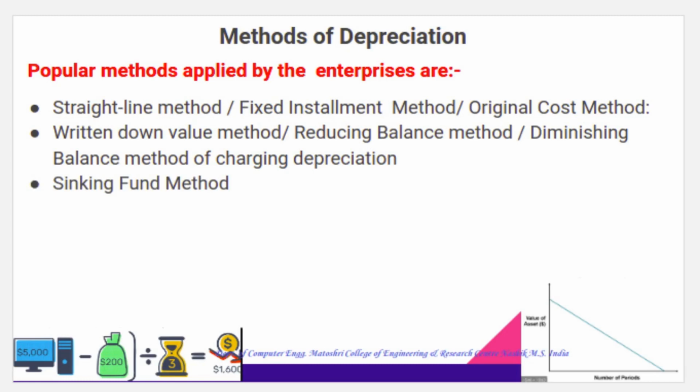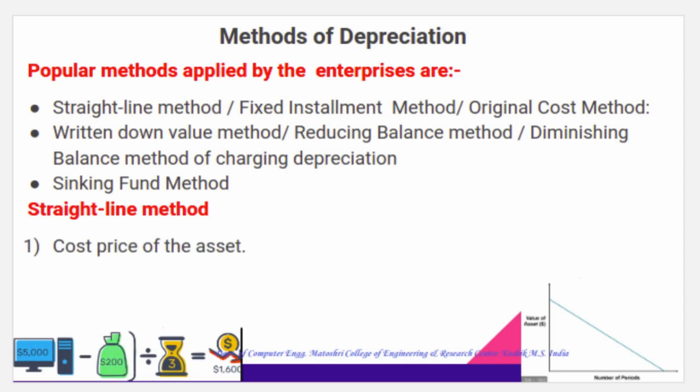So we begin with the first method, that is the straight line method. In this method, the asset is written down in value each year by the same fixed amount. This amount is such that the book value of an asset is reduced to zero at the end of its life.